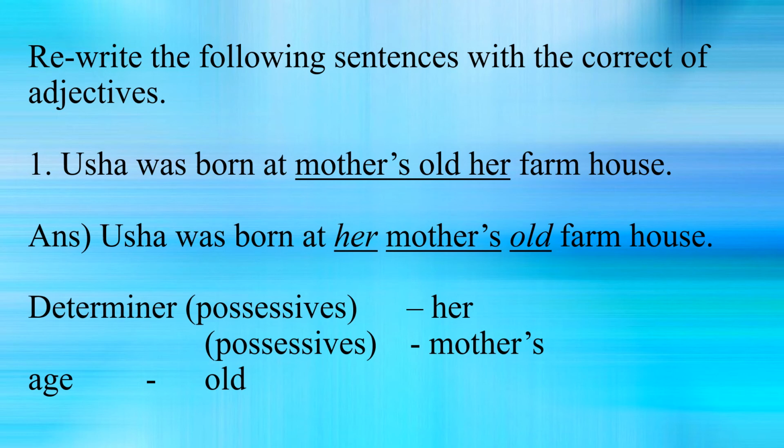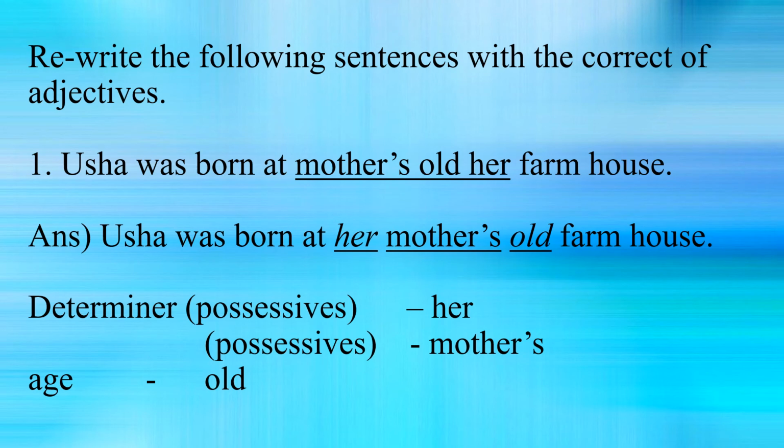So they are not in proper order. We understand that because the sentence seems to be incorrect. So let us try to write the correct sentence. And to write the correct sentence, we need to arrange this adjective phrase in a proper order. And just now we have learned from the table how to put these words in order.